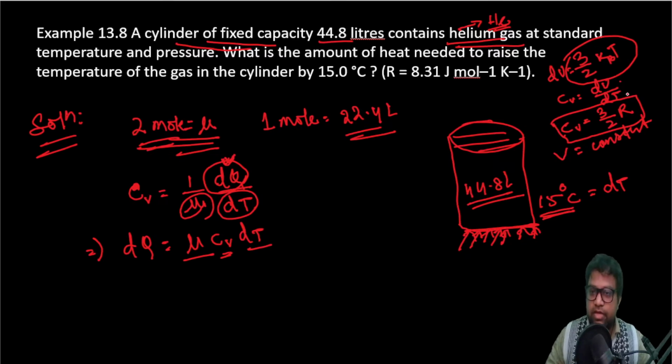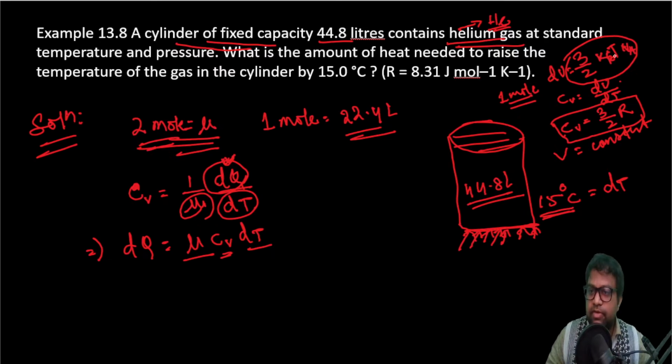If you are not getting how I have done kB, I just multiplied 1 NA here, we have just taken for 1 mole. So CV for 1 mole will be 3 by 2 kB into NA.